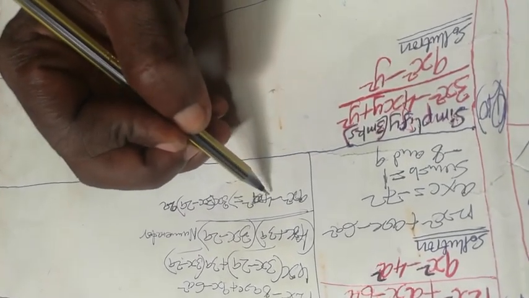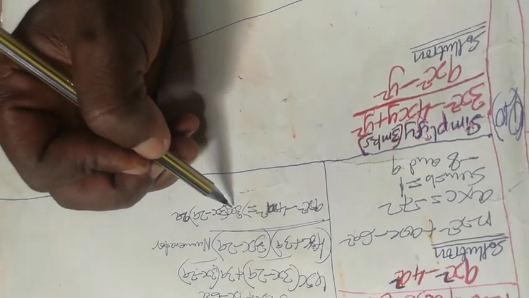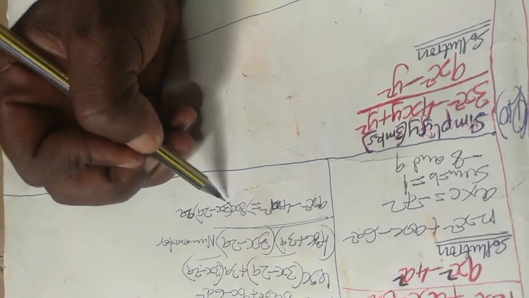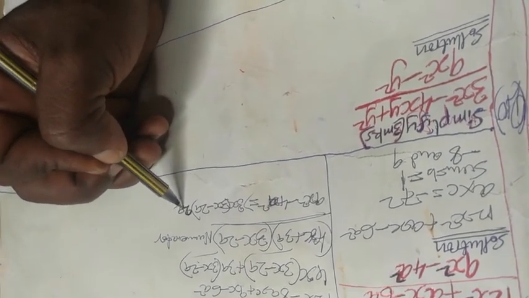So 9x squared minus 4a squared is equivalent to 3x minus 2a into 3x plus 2a.